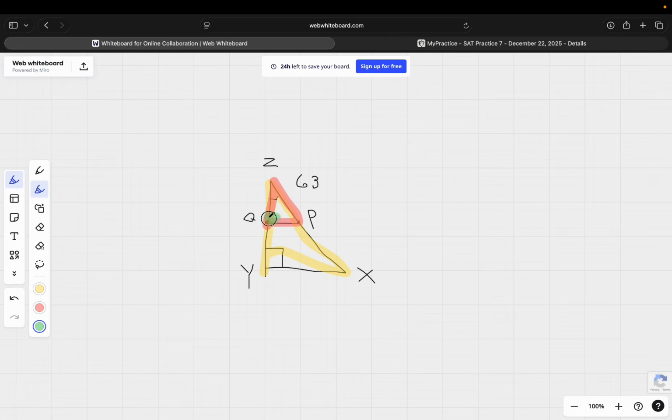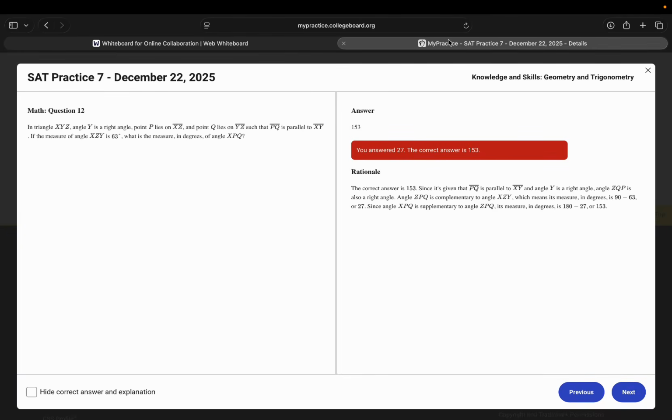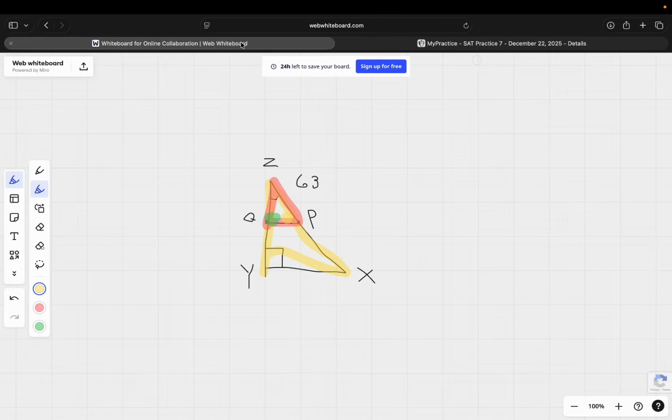Meaning that this value, which is where I was getting a little confused, this value right here is going to be 180 minus 63 minus 90, and that gets us, I think I picked 26, or 27. Okay, 27.